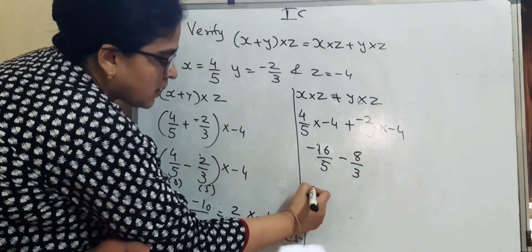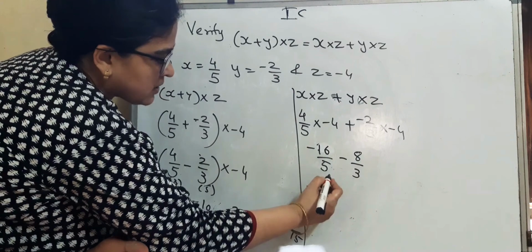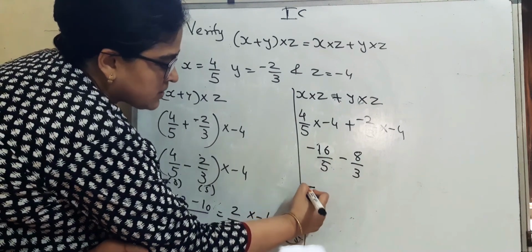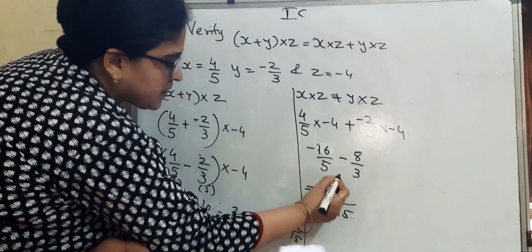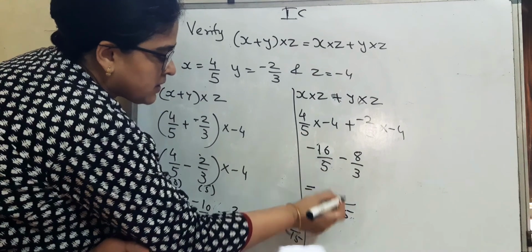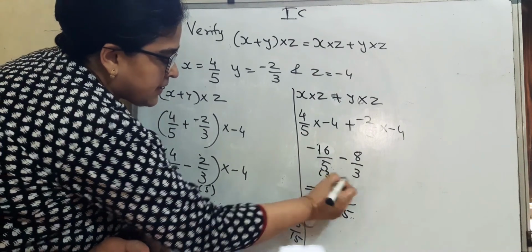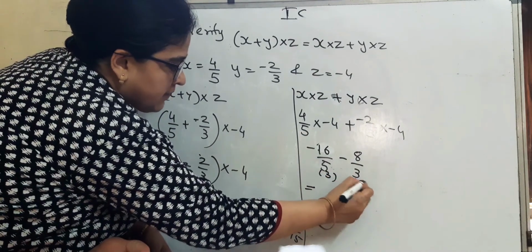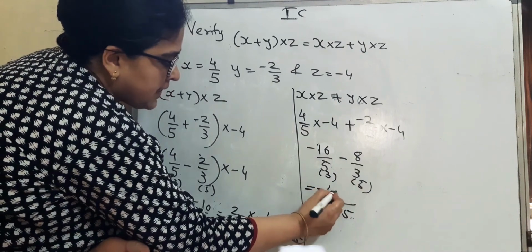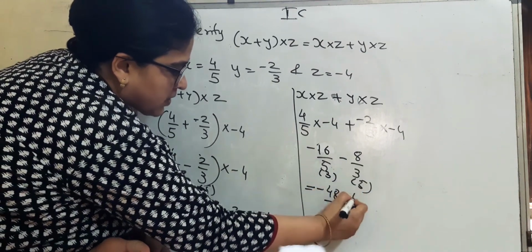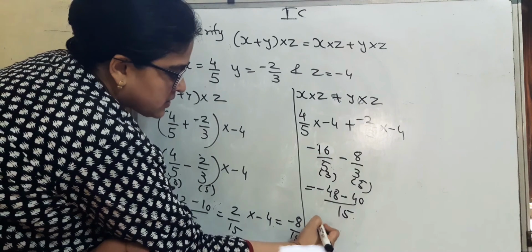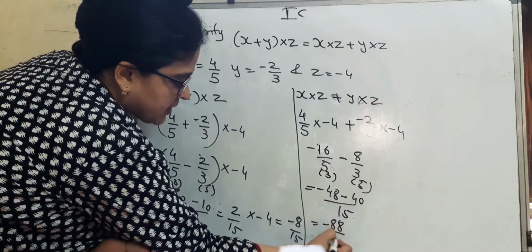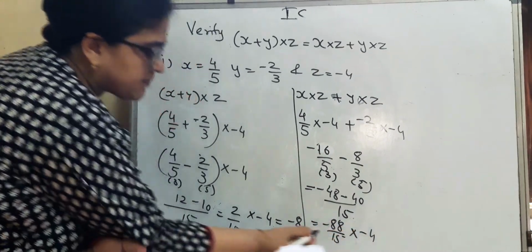Now here is the 16. LCM is here 15. 15 3s and here 5. Minus 48. 5 is a 40. Minus 88 upon 15 into minus 4.